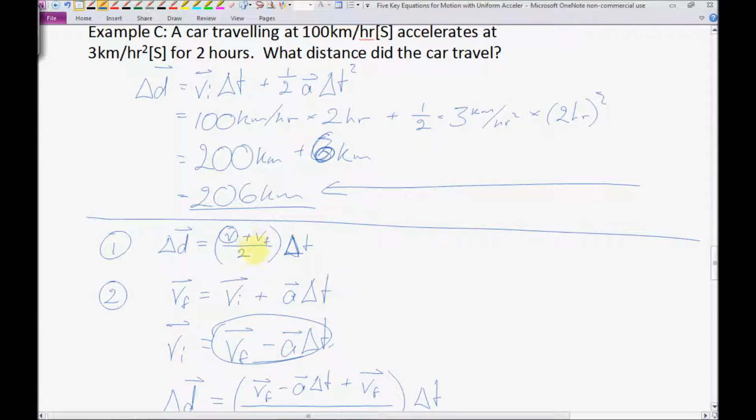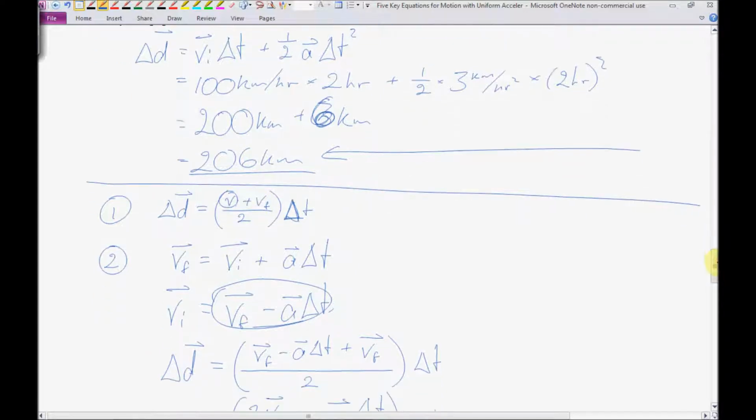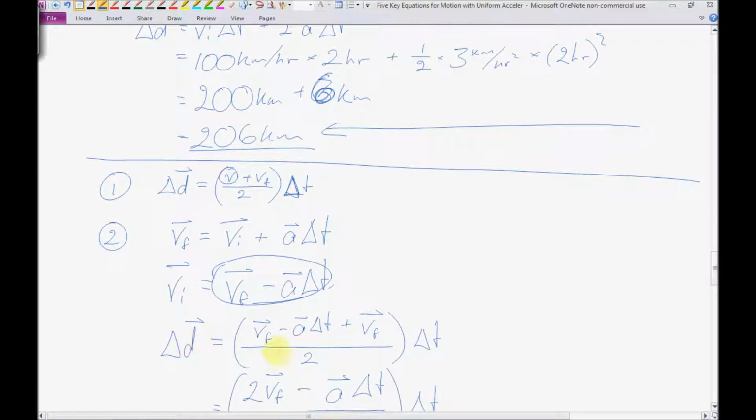Substituting the VI into equation 1, we get delta D is VF minus A delta T plus VF, all over 2, times delta T. The VI is from equation 2, and this is all basically equation 1.